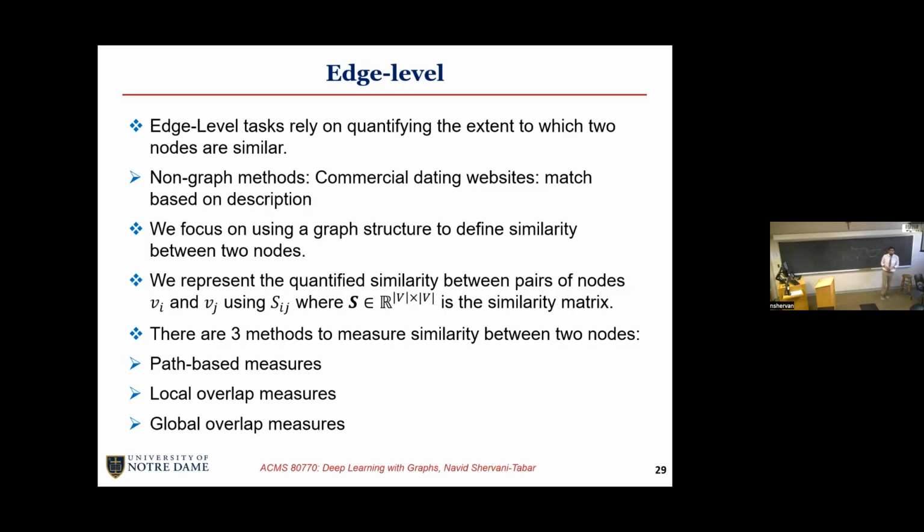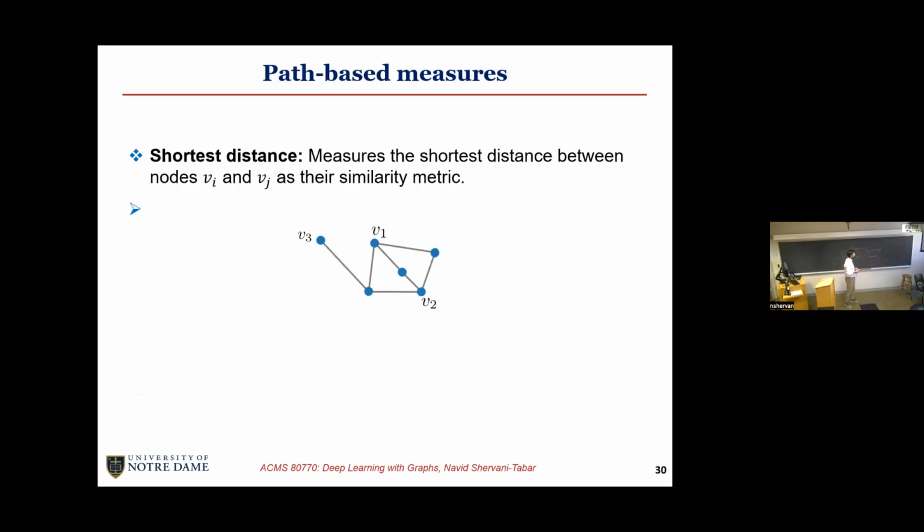There are in general three methods to find the similarity matrix. One is path-based methods. The other one is local overlap measures. And the last one is global overlap measures. In path-based measures, we look at the shortest path between two different nodes. So let's say I'm looking at how similar V1 and V2 are, and at the same time how similar V3 and V2 are.